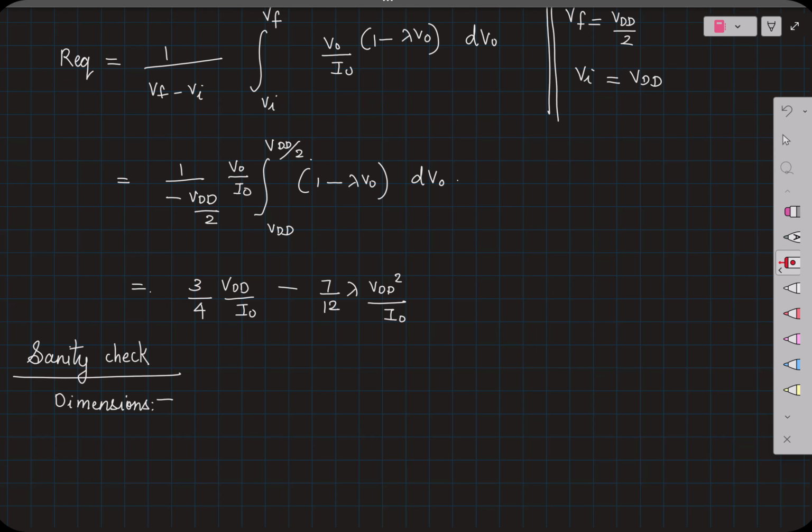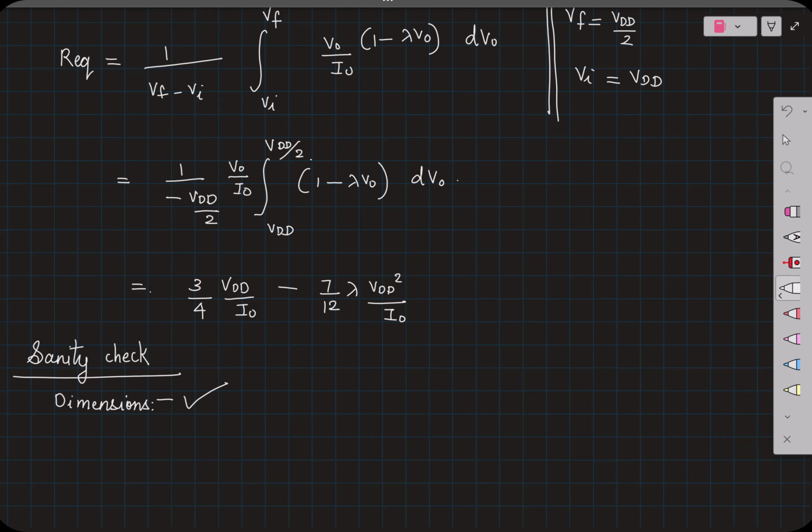So you're looking for something of the format V by I. The first term has VDD by I naught, you are fine. For the second term, you have lambda VDD square by I naught. What is the dimension of lambda? 1 by V, right? So altogether, you still have a V by I form. So your dimension check is correct, right?